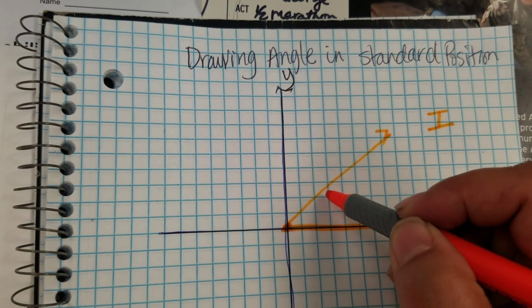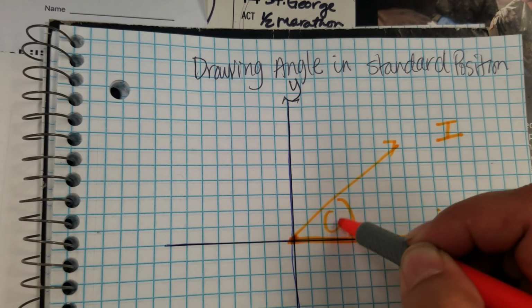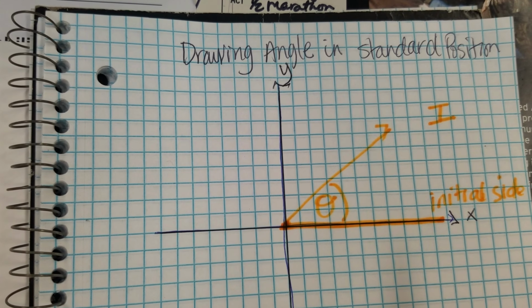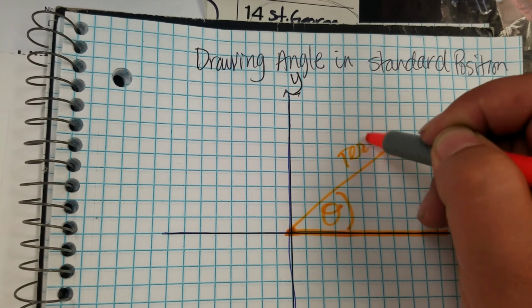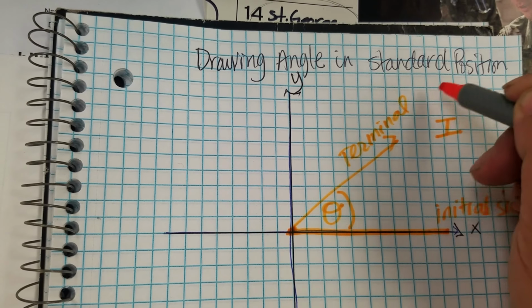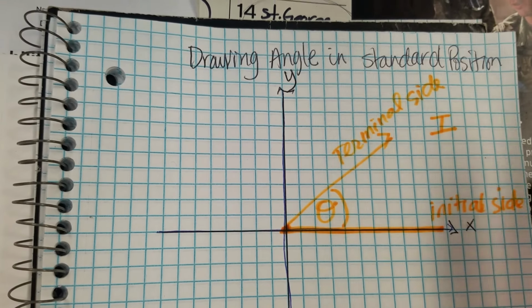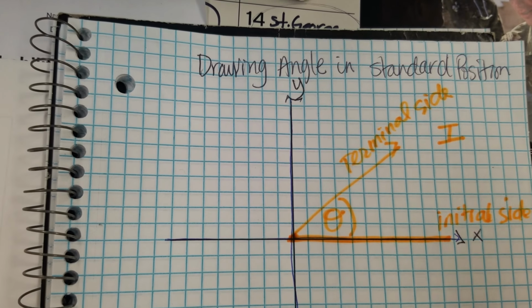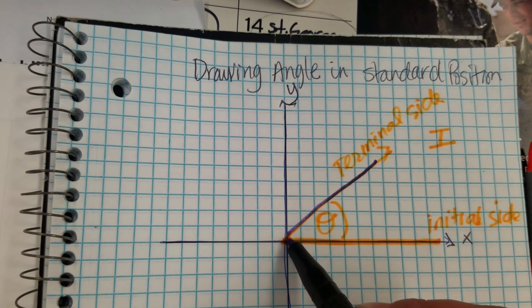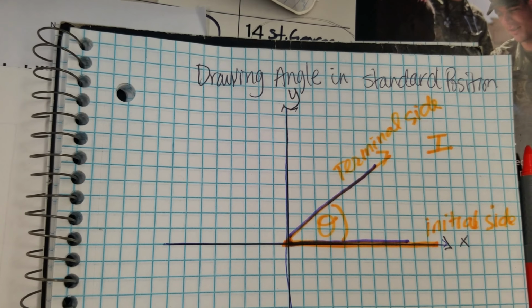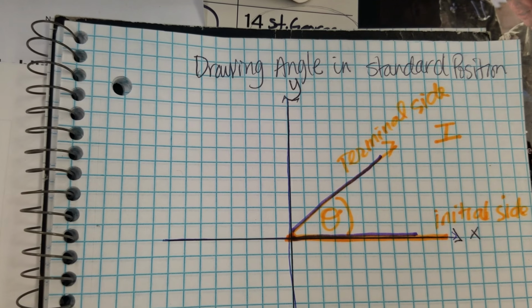So this right here would be your angle in standard position. Okay, so this is your terminal side. So you can see how it creates this angle. That's drawing an angle in standard position.